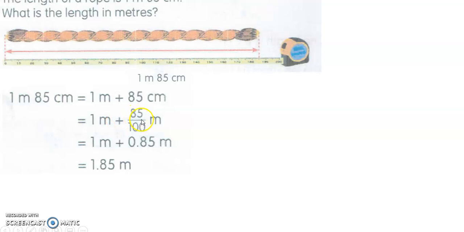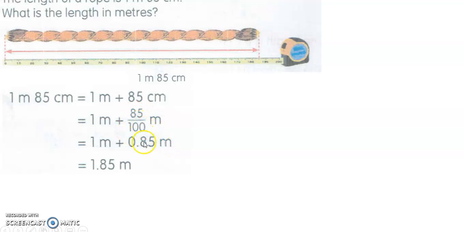So this will be 85 hundredths meter. We already converted the centimeters into meters. And then it will be 1 meter plus 0.85 meters.